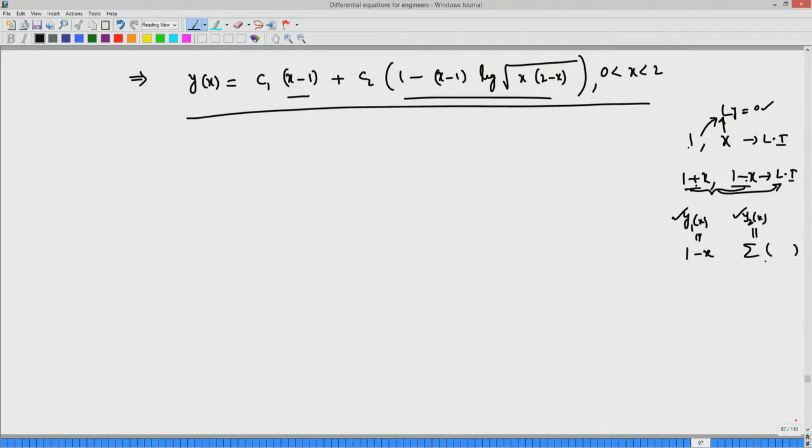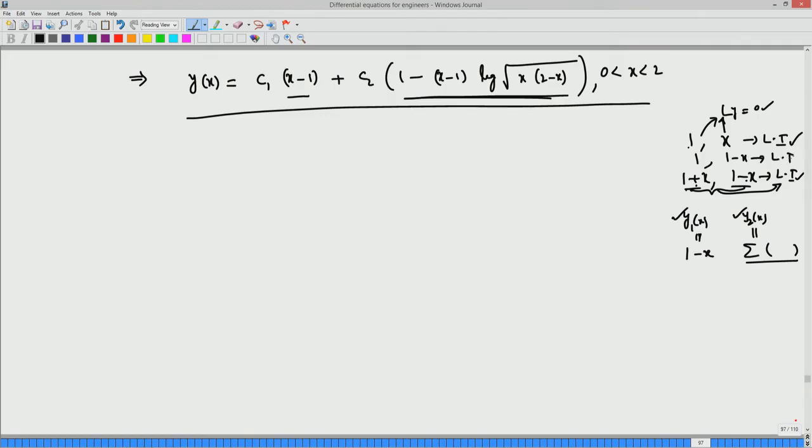this need not be exactly the expression for the solution which you already derived for y 2. Okay. So, y 2 here is 1 minus x minus 1 log square root of x into 2 minus x, and what you got from the power series means you have two linearly independent solutions. You do not know whether they are from this or this, or need not be this, I can take this and 1 minus x, these are also two linearly independent solutions.